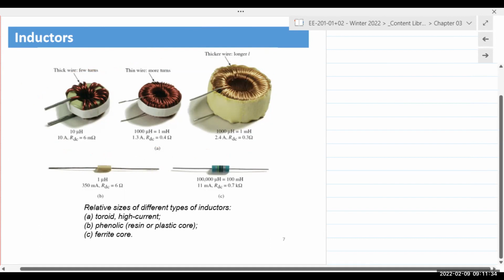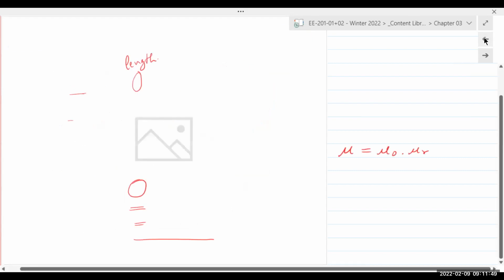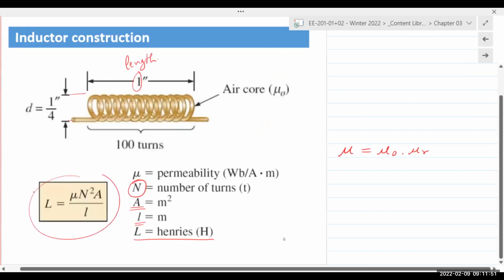If you look at the first one, its value is only 10 microhenry. It's on the low end of the values for an inductor. But if we think about the equation, what do we see? Inductance is directly proportional to the number of turns.